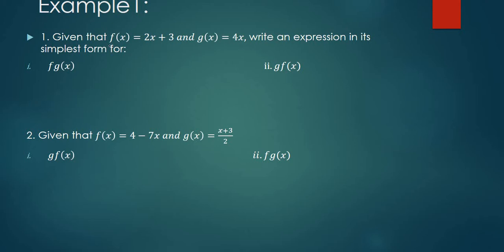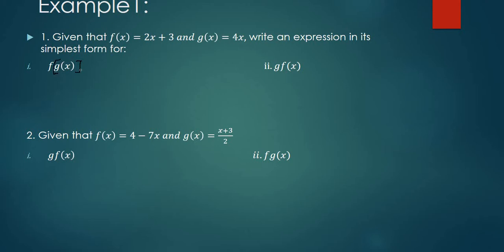Given that f of x is equal to 2x plus 3 and g of x is equal to 4x, write an expression in its simplest form for f of g of x. What does f of g of x mean? This means that we are putting the function g of x into the function f.